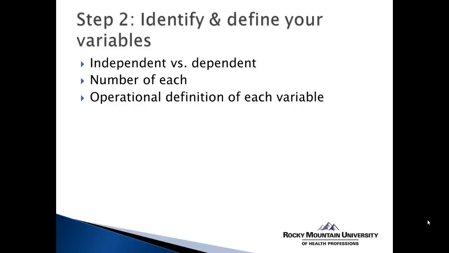So if you say that IQ is going to be your dependent variable, well, there are several different ways to measure IQ and actually several different ways to define intelligence. So you'll need to figure out what that's going to be. Now, there are very often different ways to measure the same outcome.